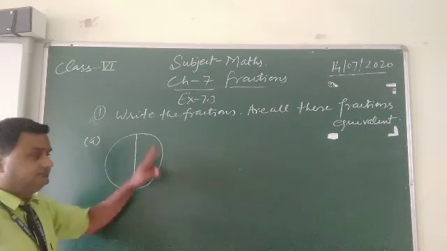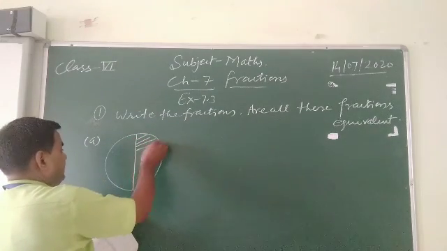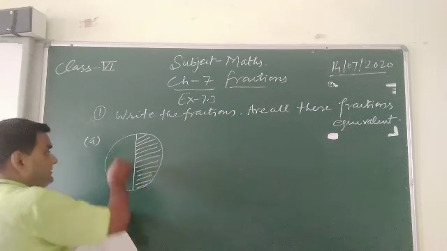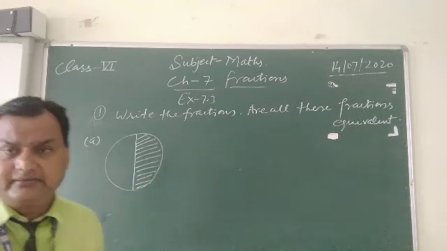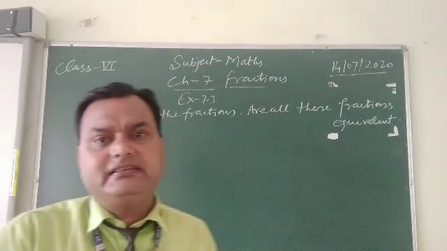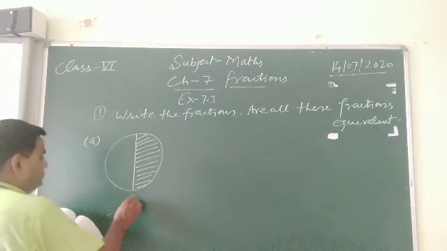Here we observe that in the given figure one part is colored. There are two parts in the given figure and one part is colored. So fraction is 1 upon 2.